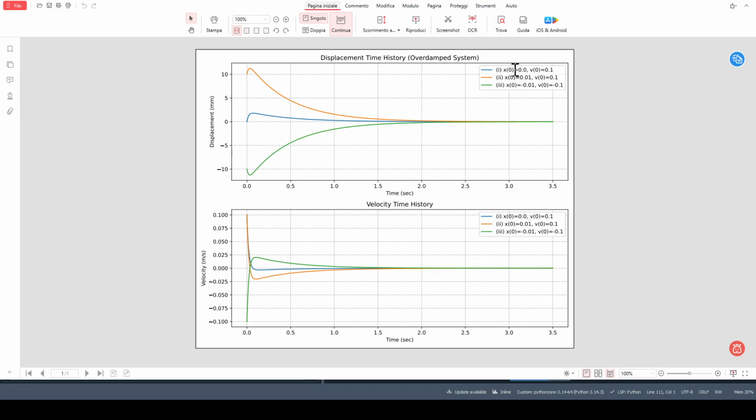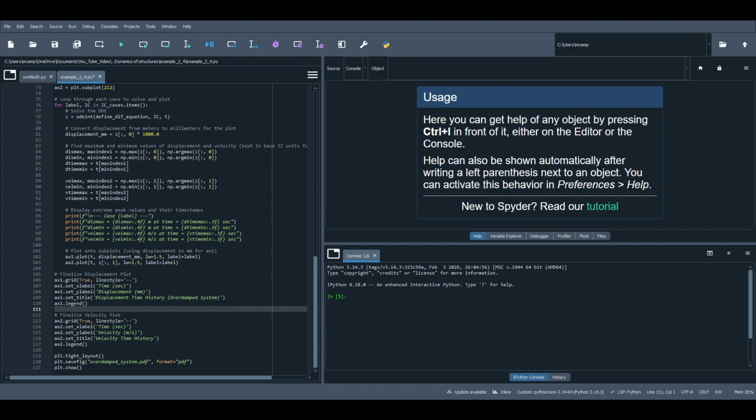In the three cases 1, 2, and 3, we defined the initial conditions.